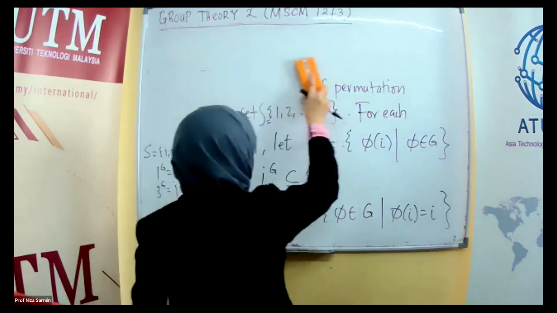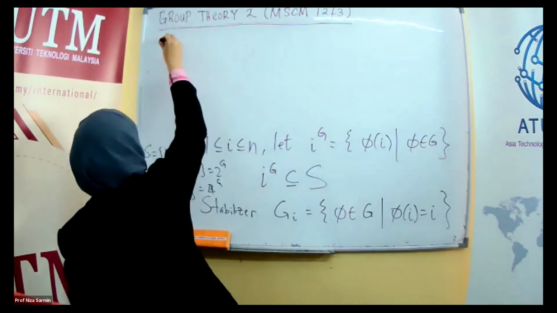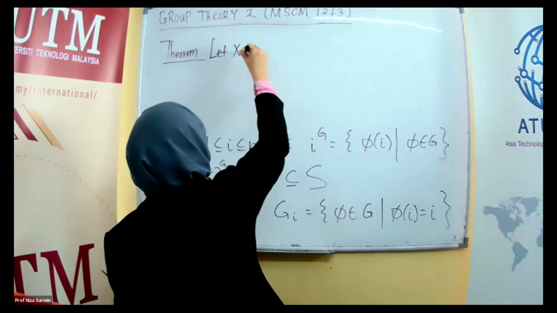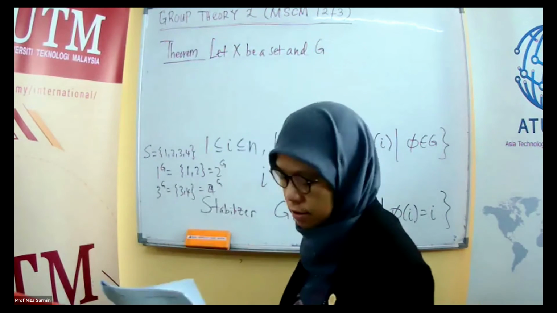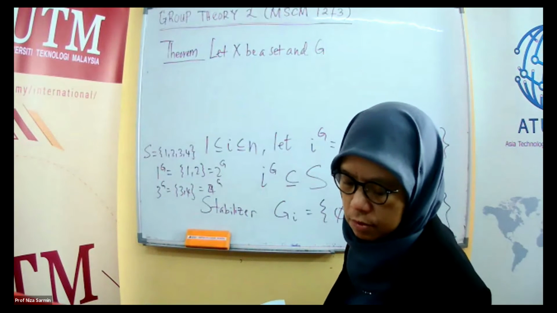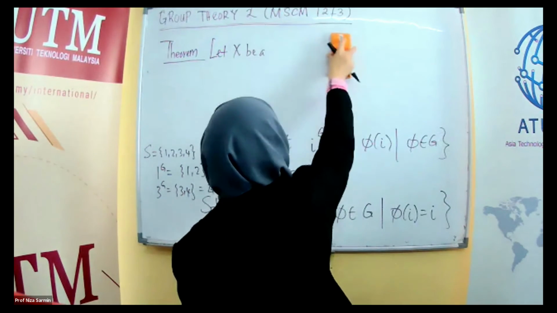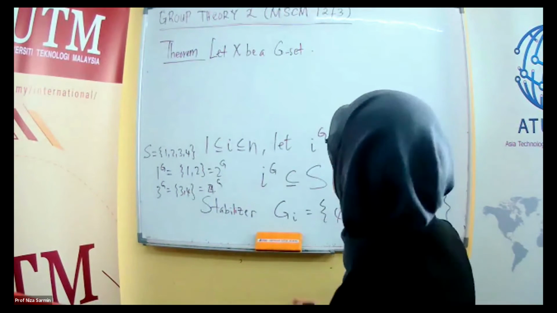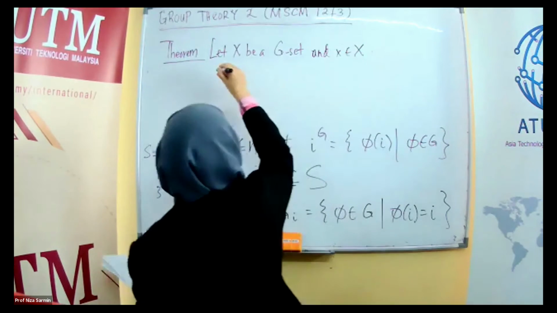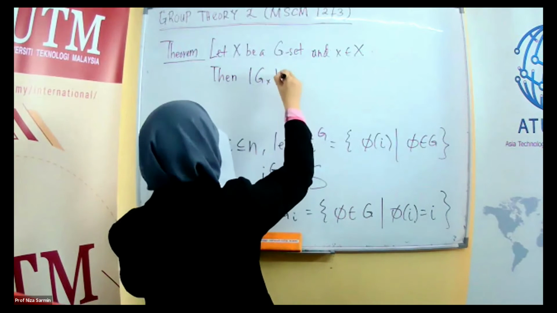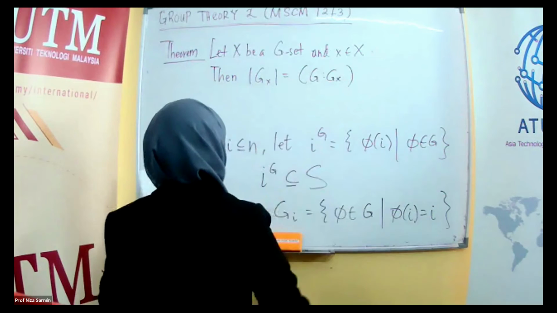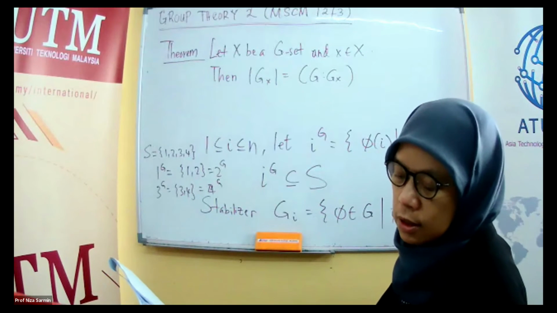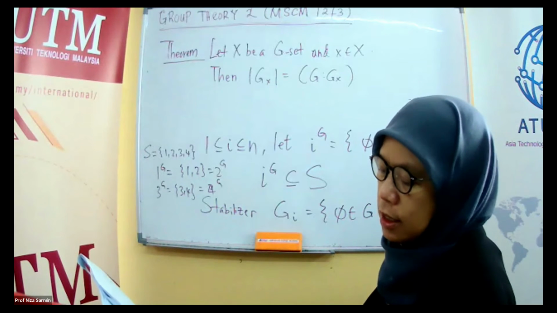Now we have a theorem in this chapter. Let X be a set and G a group, and let X be a G-set, meaning G acts on X. Then the order of this orbit, and the isotropy subgroup as I call it, the order of this is this.